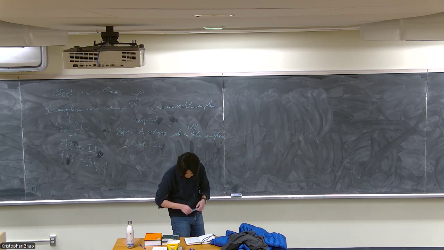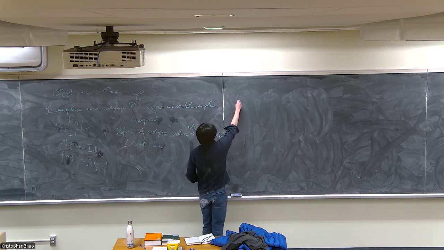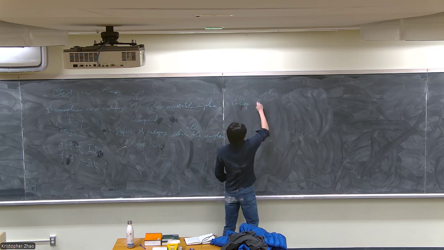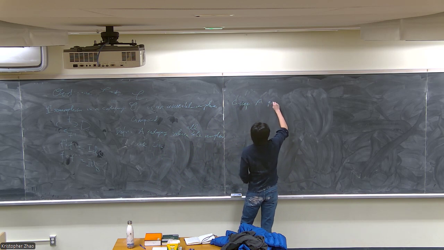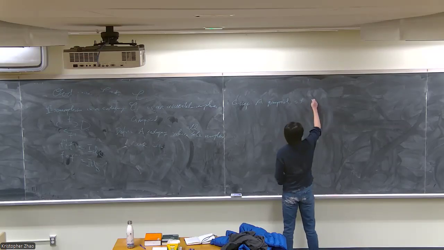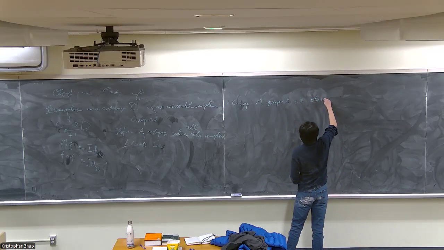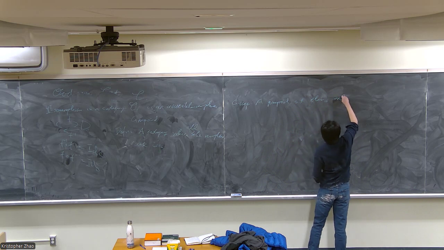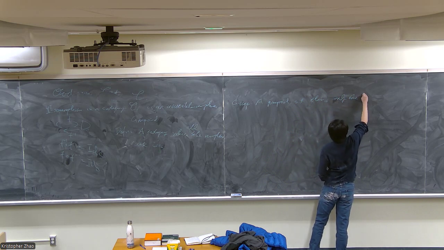So I'll define what a group is. A group is a groupoid such that there is only one object.